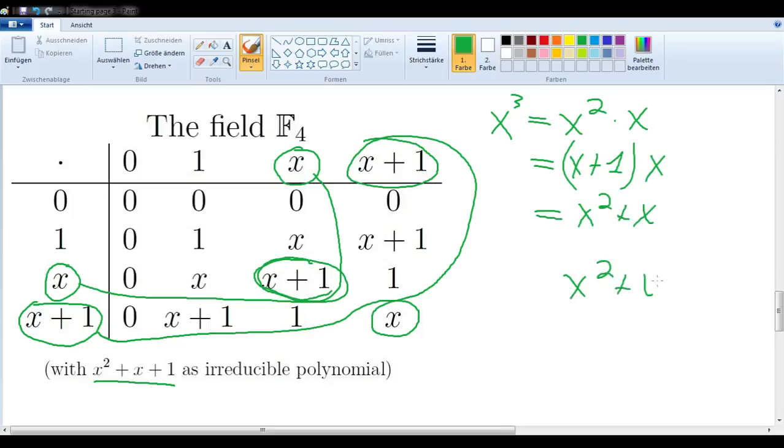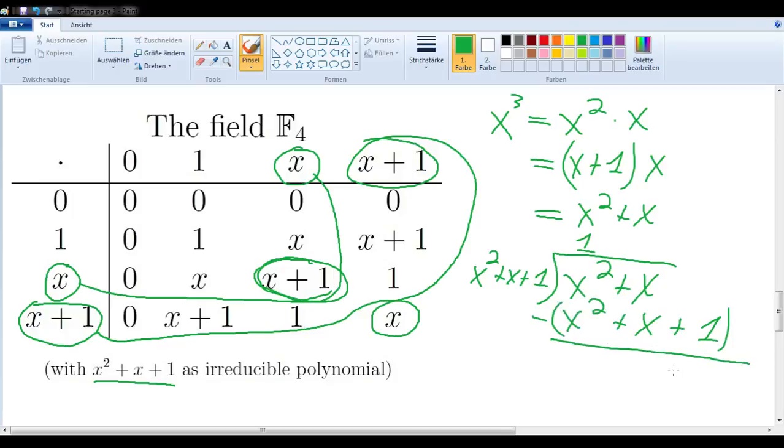We divide through by our irreducible polynomial and determine quite quickly that what's left over is negative 1, but since this field has a characteristic of 2, that is, allows only coefficients of either 0 or 1, then negative 1 is the same as 1, and we've determined now that x is a cube root of unity.